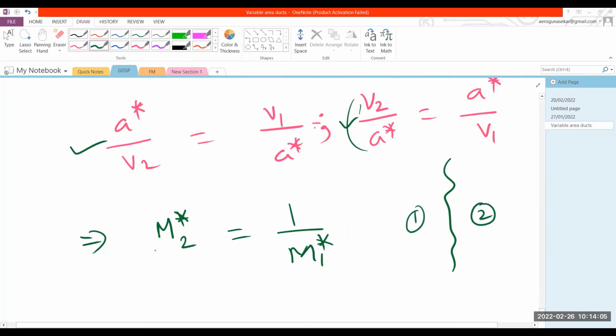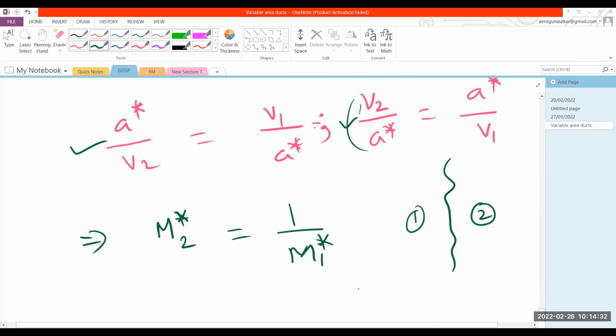The Mach number ahead of the shock wave is M1, and the Mach number behind the shock wave is M2.